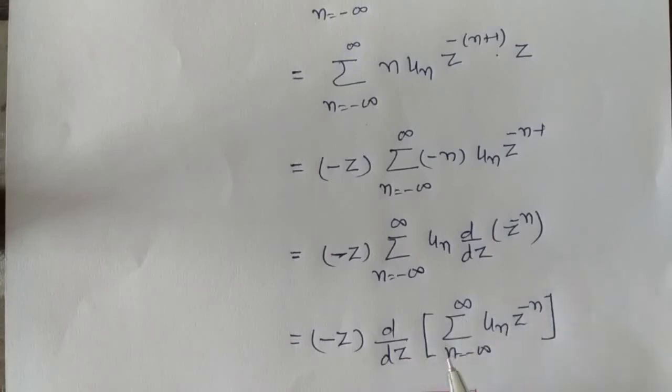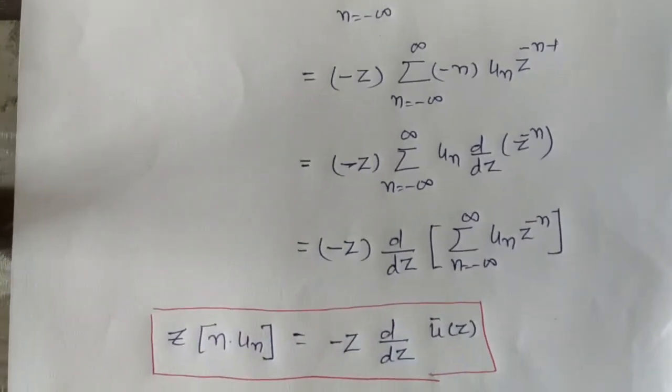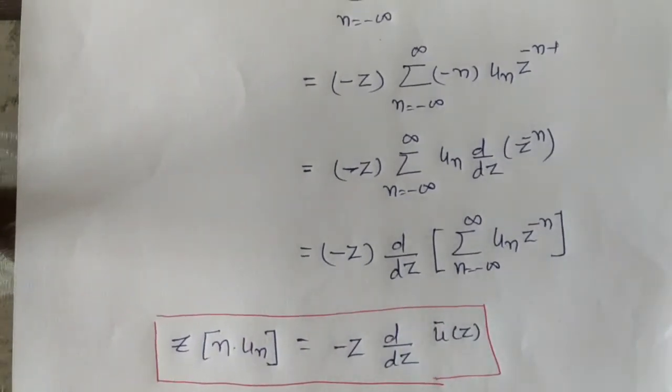Now this summation n goes from minus infinity to plus infinity u_n z^(-n) is the Z transform of u_n, which is U bar(z). So we can write Z transform of n u_n is equal to minus z into d by dz of U bar(z). So this is multiplication by n property.